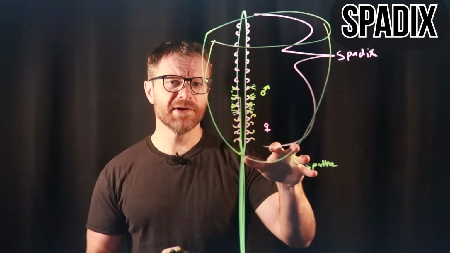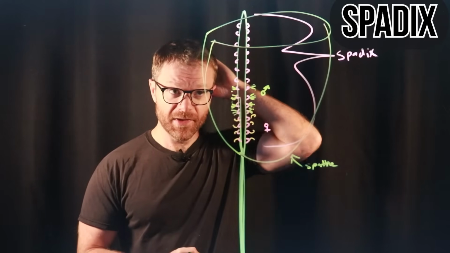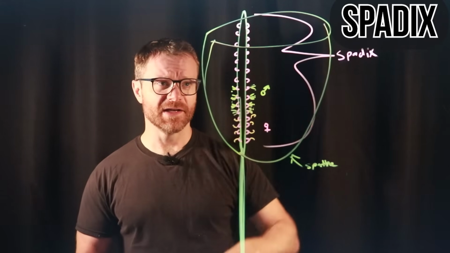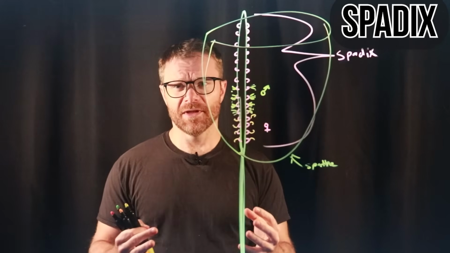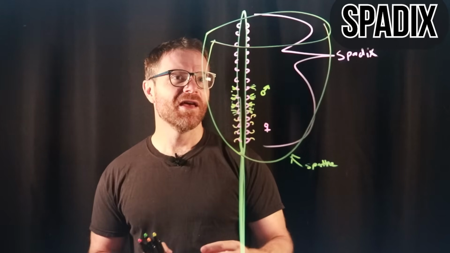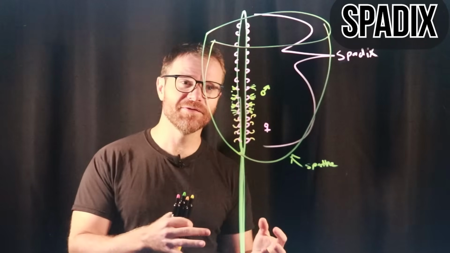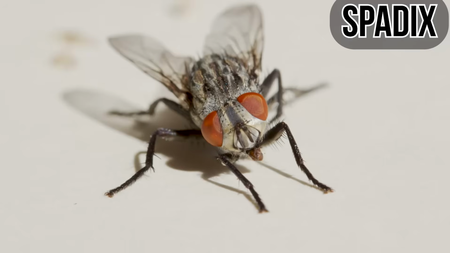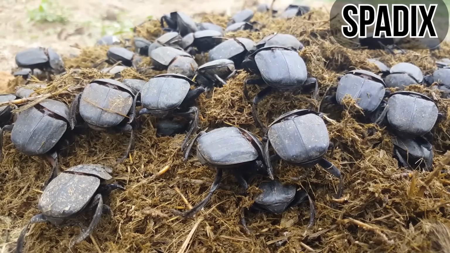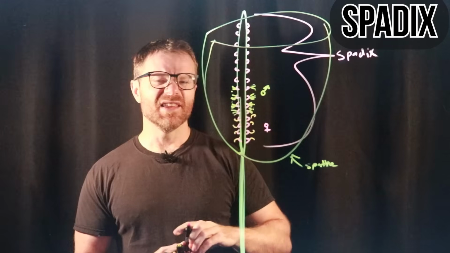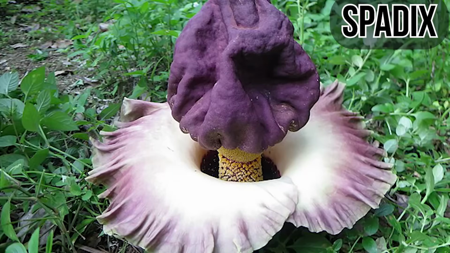And how these guys are pollinated is really interesting. Some of them produce a sweet smell that attracts bees and butterflies, but most of them go the opposite route. They produce really stinky smells, like poop or rotting flesh, the kind of stuff that attracts flies and in some cases beetles. These bugs get attracted by the stinky smells produced down at the base of the inflorescence.